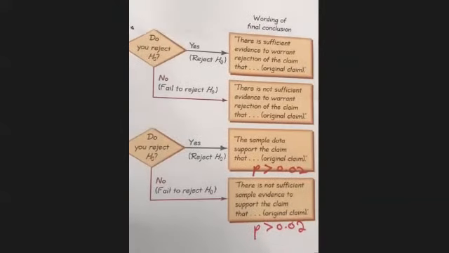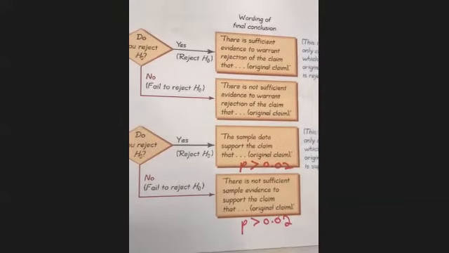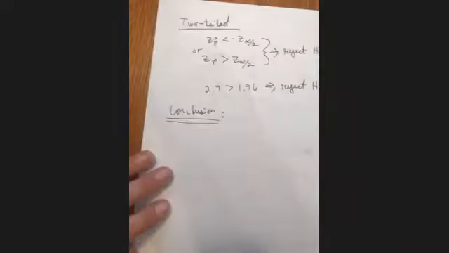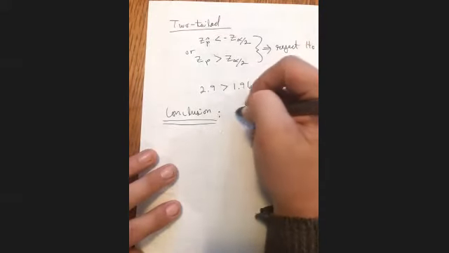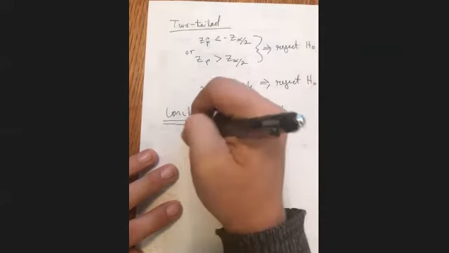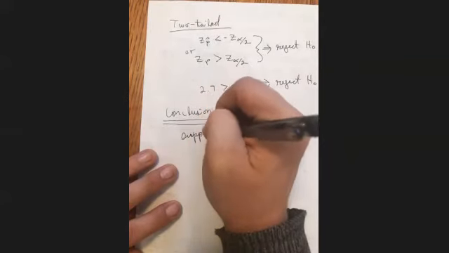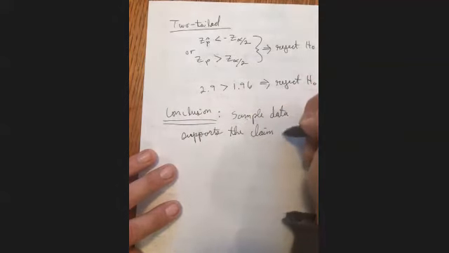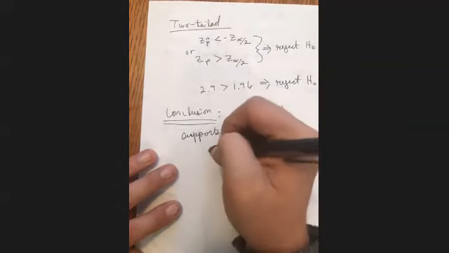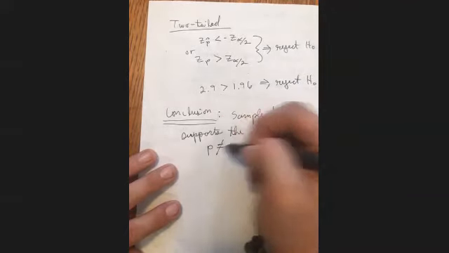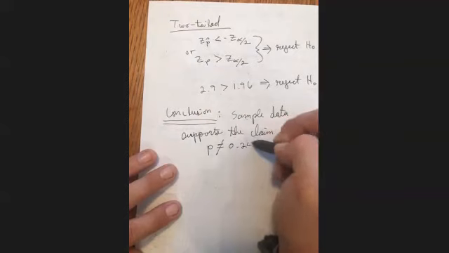So the conclusion is the sample data support the claim that the actual population proportion is different than 0.24.